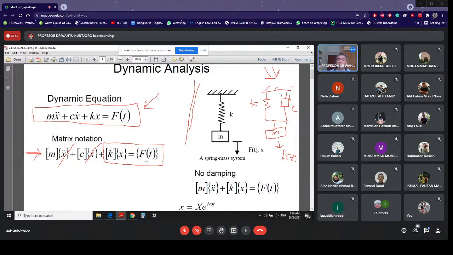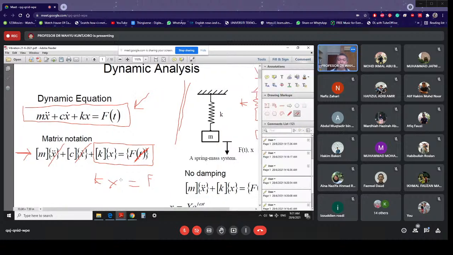Being a static problem, time is not taken into account. So you have kx equal to f, which is actually our equation. And of course, that f can be replaced by d, and x is basically the same as d.